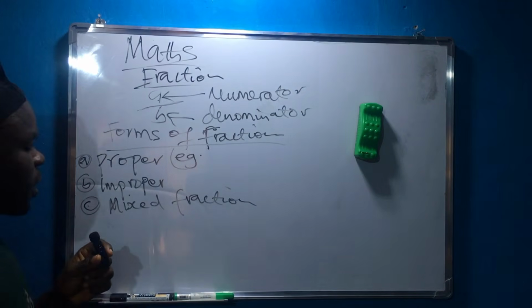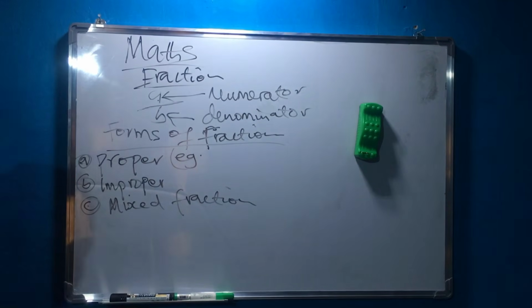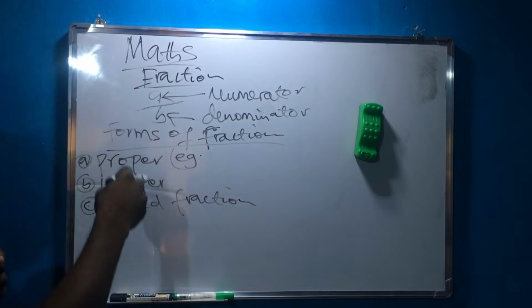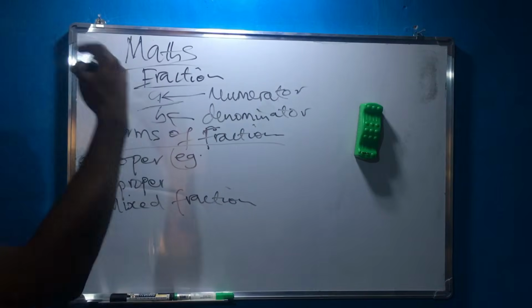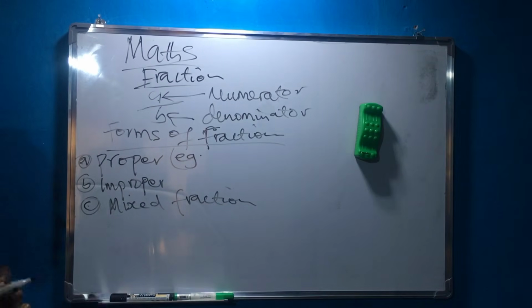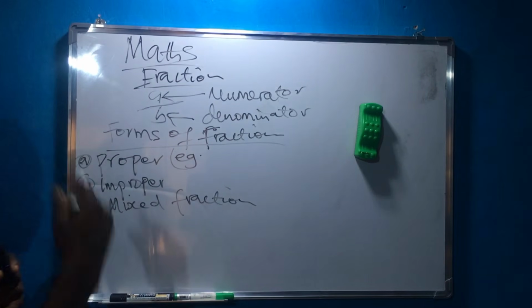Example of proper fraction. A fraction is said to be proper when the denominator is greater than the numerator. Let me say it again. I said that a fraction is said to be proper when the denominator is greater than the numerator.